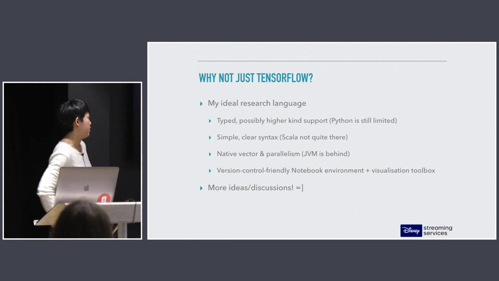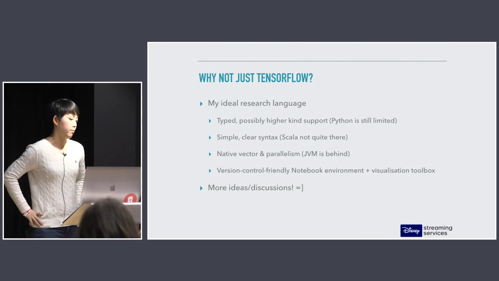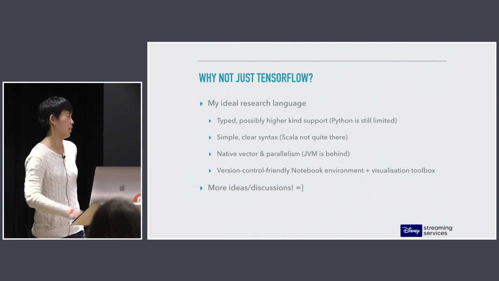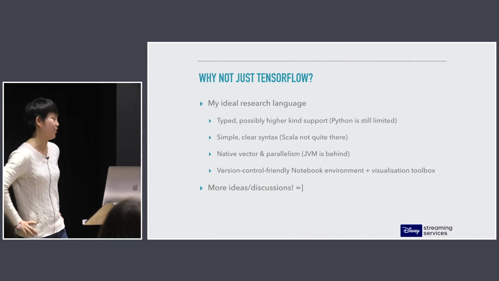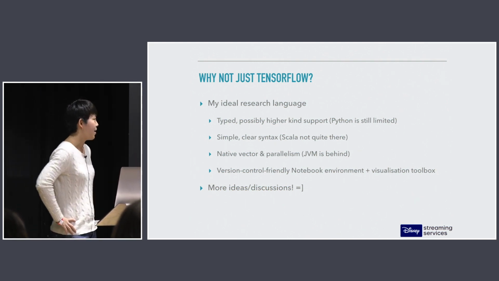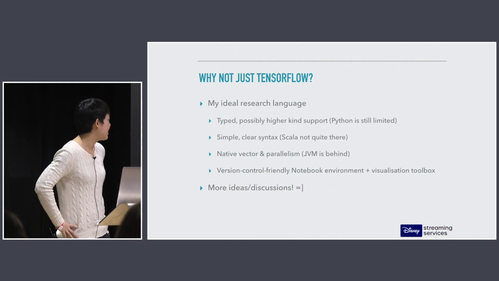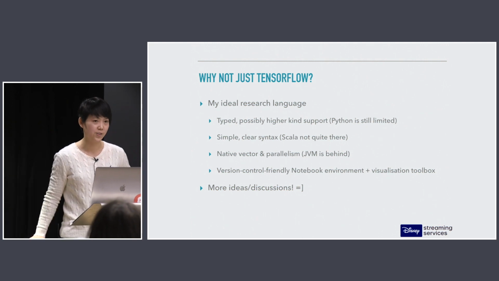And a notebook environment. Jupyter is very big in the research community. The biggest problem with Jupyter is it's not version control friendly. If you have checked Jupyter into Git, you know what I'm talking about. Visualization, Python is great. Scala is 0.